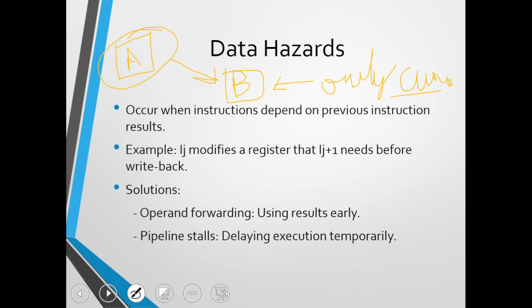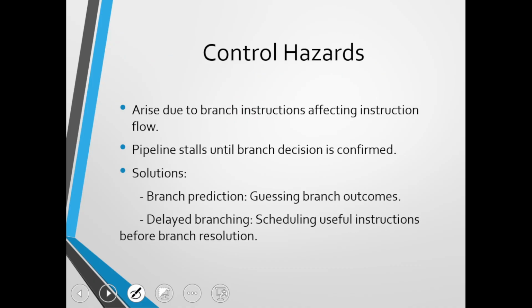We all know that a register value is updated only after the last stage, write back. So when we use techniques to make those changes before that stage and use those results early, that process is called operand forwarding.